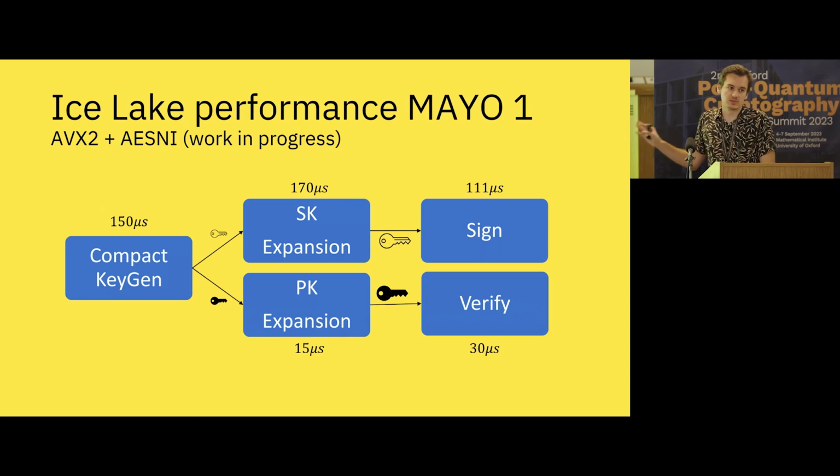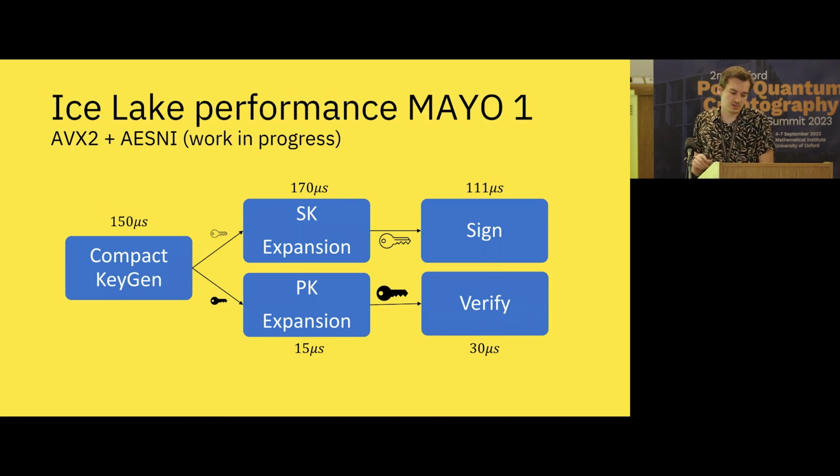But if you use an embedded device where AES is much more expensive in comparison to just doing arithmetic, because you don't have the hardware support, then these expansion algorithms get much more expensive in comparison to the signing.